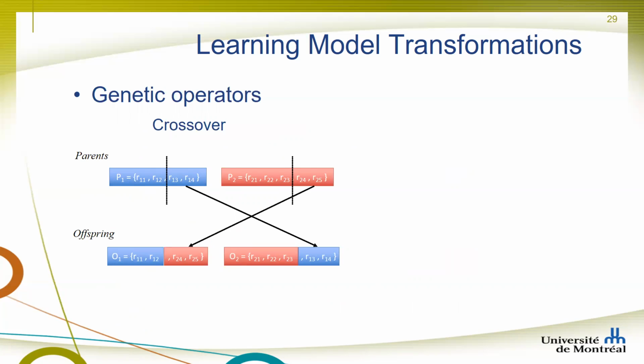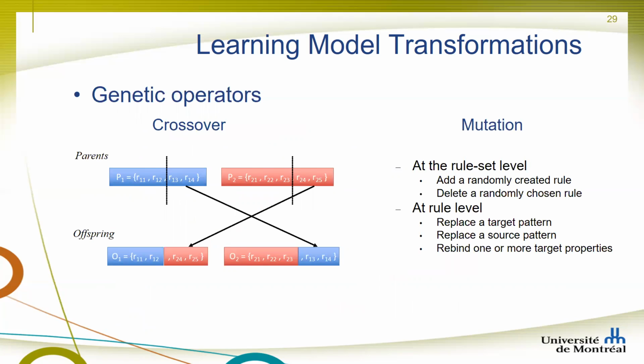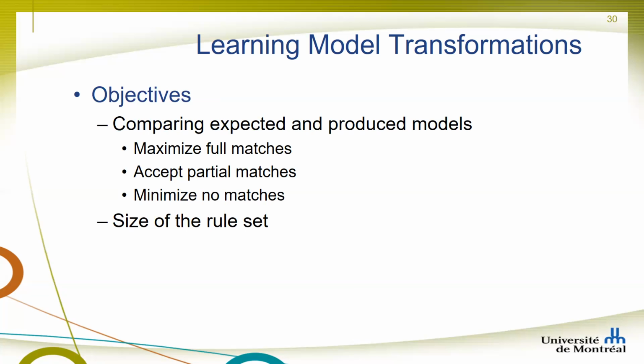Same thing for the crossover: we exchange rules between the sets, with some mutations at the rule set level or at the rule itself to introduce some new material. The objective is comparing the expected and the produced models. Each time we give the source model to a solution, this solution generates a model and we compare it to one of the examples.